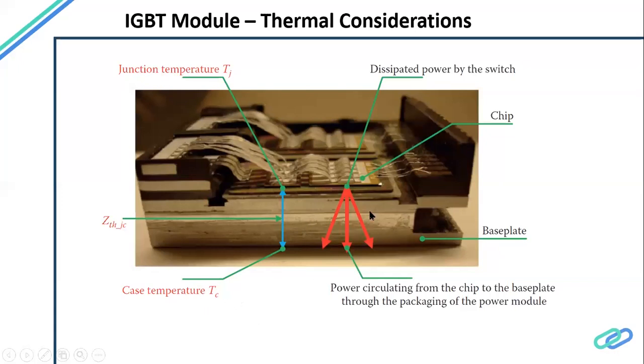So these are the case temperatures that we can see here, that we can measure here. But there is some relation we have to establish between the junction and the case temperature, if we don't have the right mechanism, and we have to protect it, right?